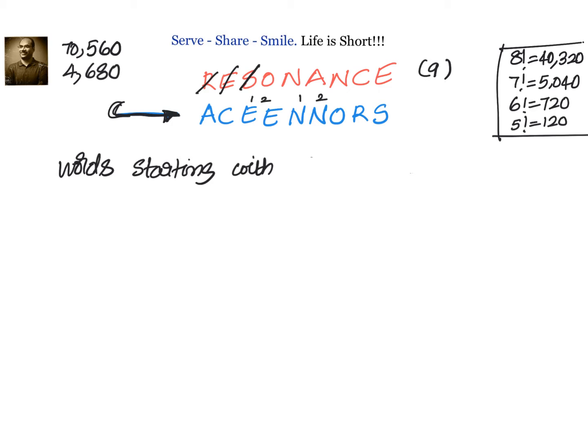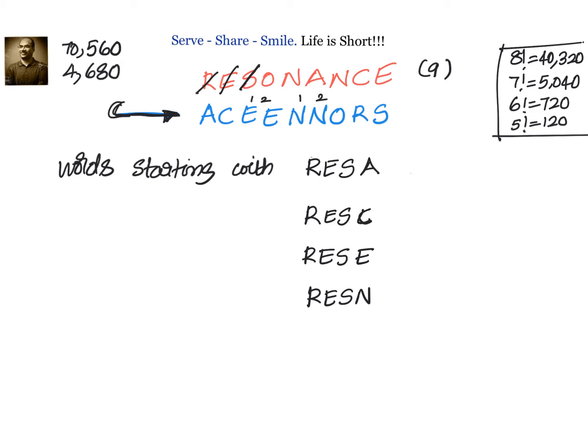So words starting with RESA, then I have to cross RESC, then I have to cross RESE, then I have to cross RESN, then I will go to RESO.